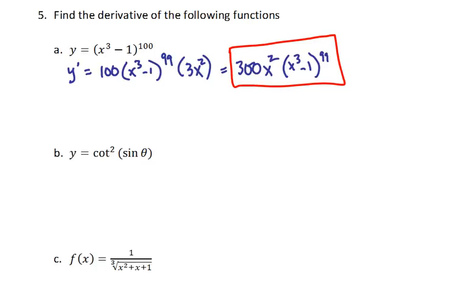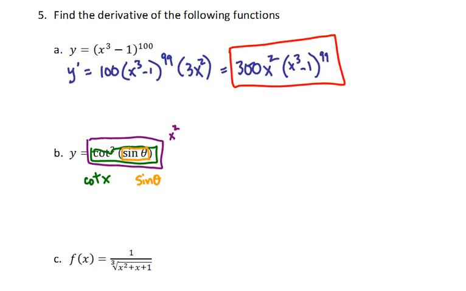Okay, for part B, we have a three-way function composition where the inside-most function is sine of theta. The middle function, if I made a mess of it, is cotangent of x, and the outside function is x squared. Something like that. So we're going to start with the outside function, which is x squared.